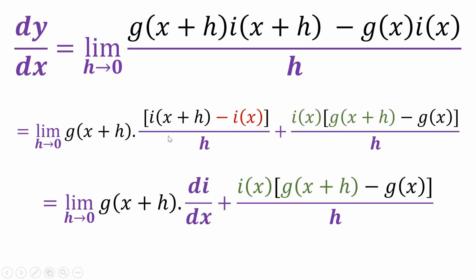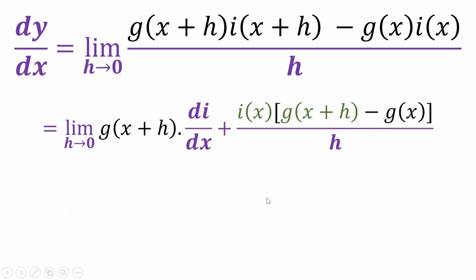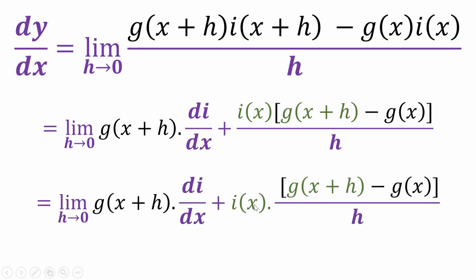So instead of the fraction, I now write it as the derivative of i with respect to x. Let's consider this side too. We can bring out i of x. So when we do that, i of x is going to multiply the remaining fraction.